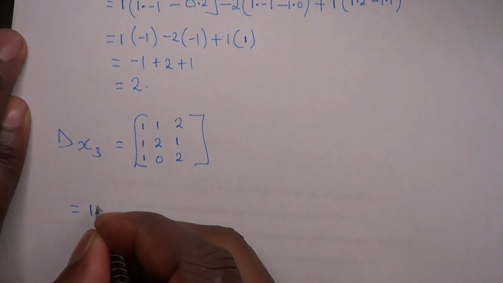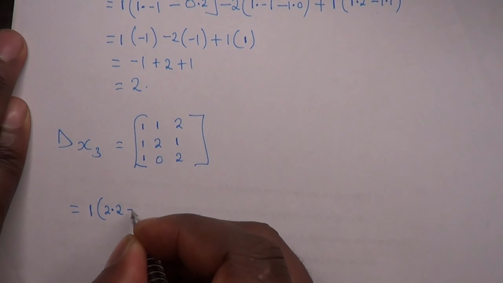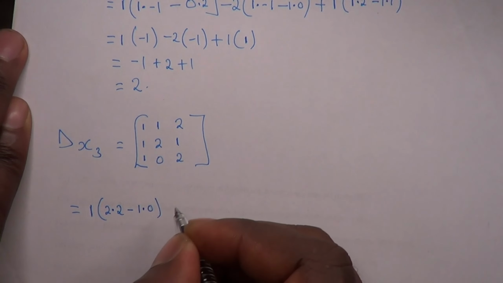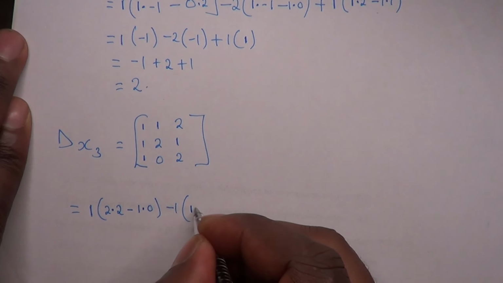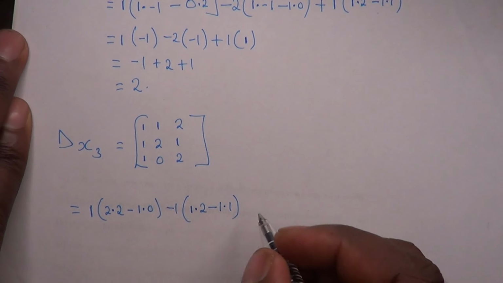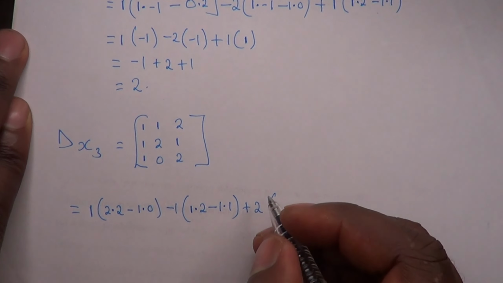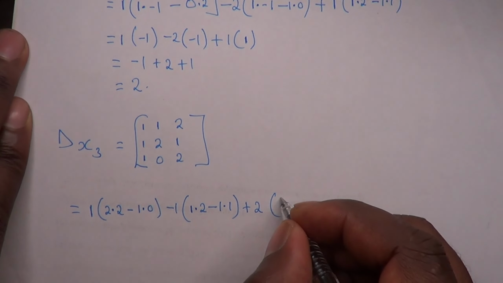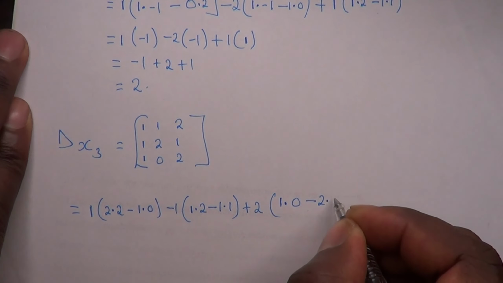That is 1 into 2 times 2 minus 1 times 0. And then minus 1 into 1 times 2 minus 1 times 1. Then plus 2 into 1 times 0 minus 2 times 1.